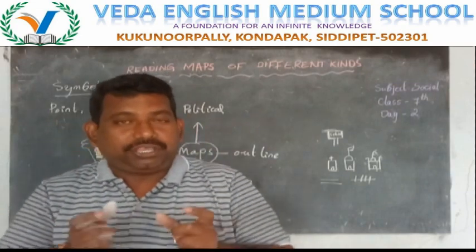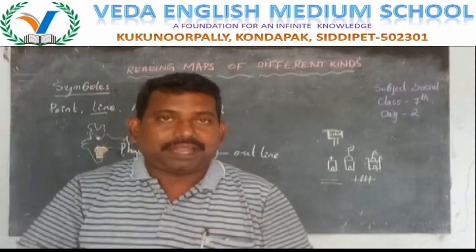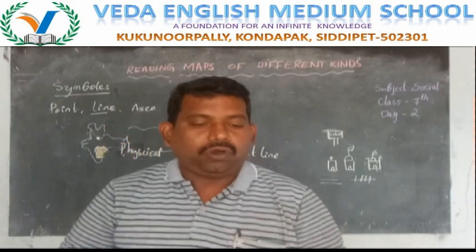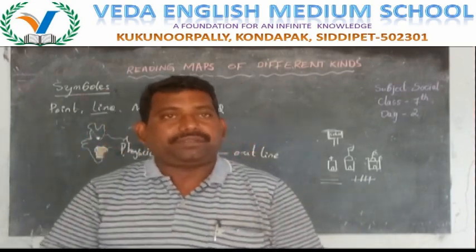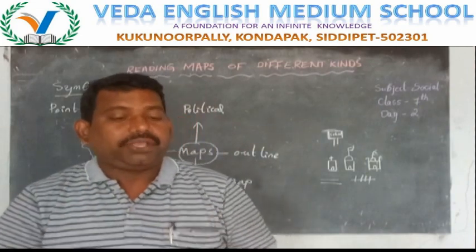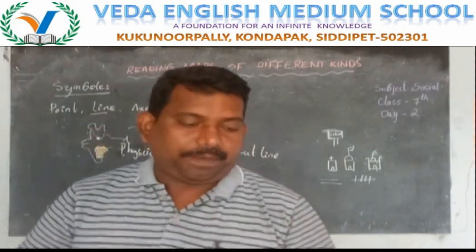In this map, you can find colors like green, yellow, blue, brown. Like this, you can find the colors in this physical map.